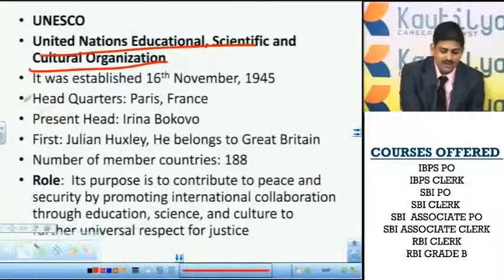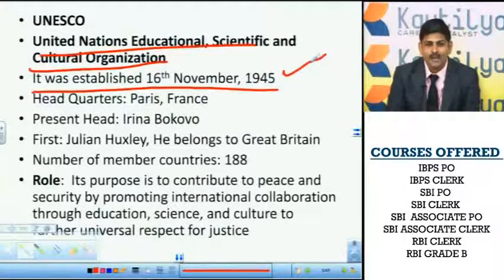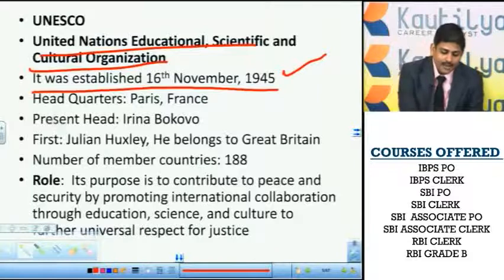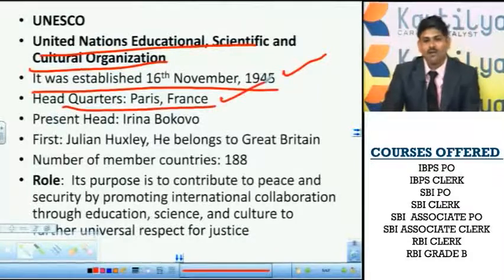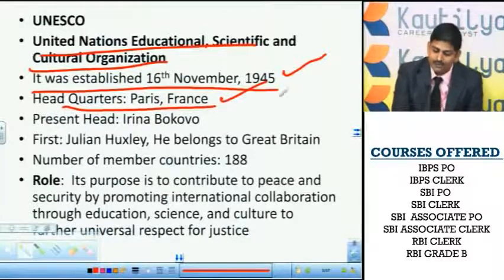It was established on 16th November 1945. You might remember that the UNO itself was founded on 24th October 1945. Just soon after, this organization was founded, and its headquarters is in Paris, the capital of France. In this organization, you need to focus not only on the organization but also on various sites of India.